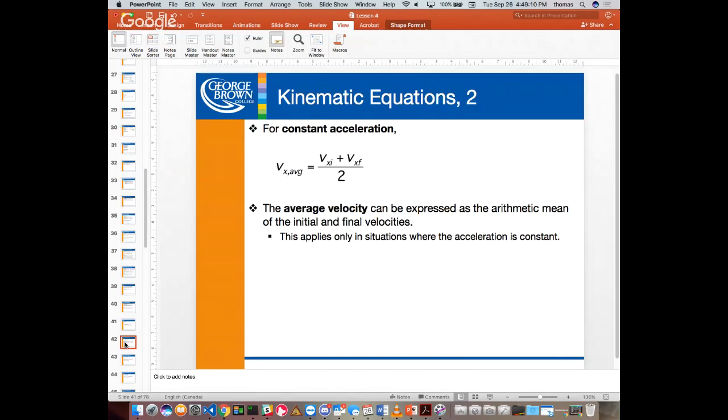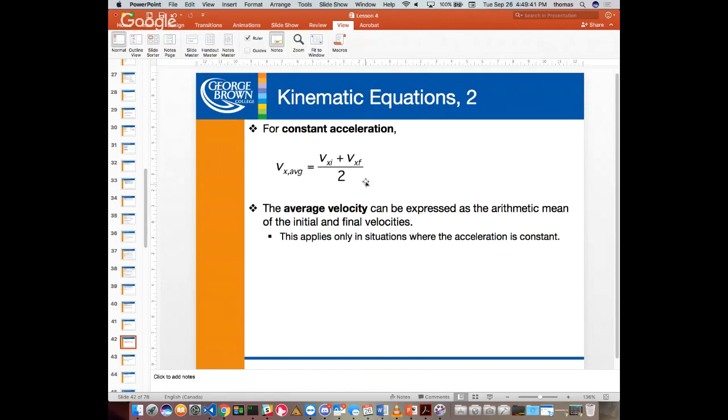All right, so let's talk about kinematic equation number 2. I want to find constant acceleration, or I want to find my average velocity. Here's my average velocity. So the average velocity on the x-axis is equal to my initial velocity plus my final velocity, divided by 2. So I'm taking the 2 values and dividing by 2.